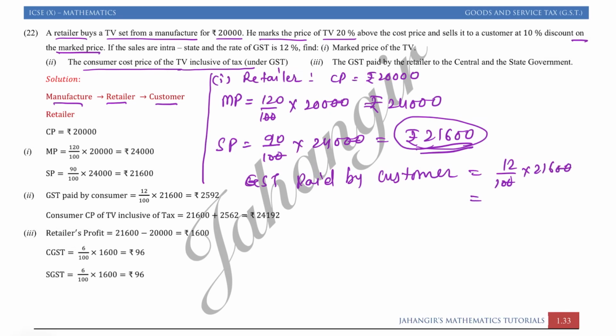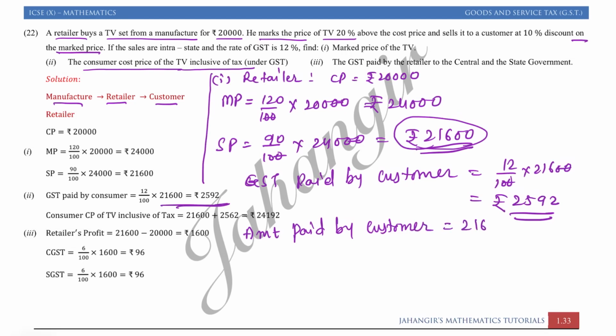So 12 into 216 is rupees 2592. Just calculate by yourself. I had done over here. So now amount paid by the customer. You know the customer will pay cost price, that is 21,600, as well as tax on it, 2592. Adding both of them, what you are getting?